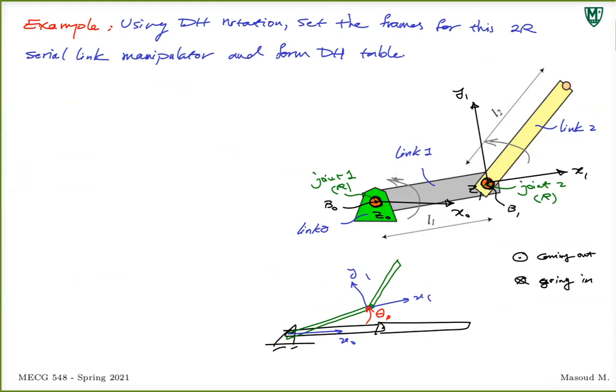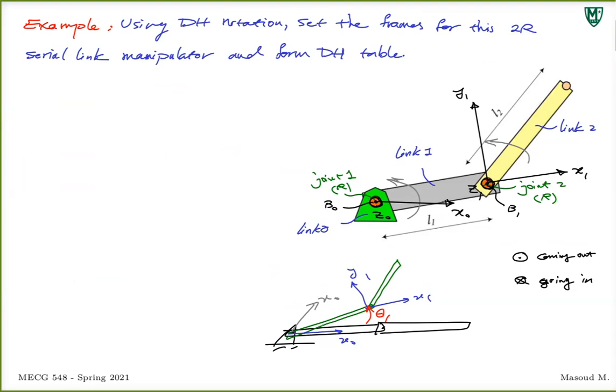Now, let me correct that. This is theta 1. I could put x0 here as another option. It could go anywhere; I don't really have that much of a rule there.